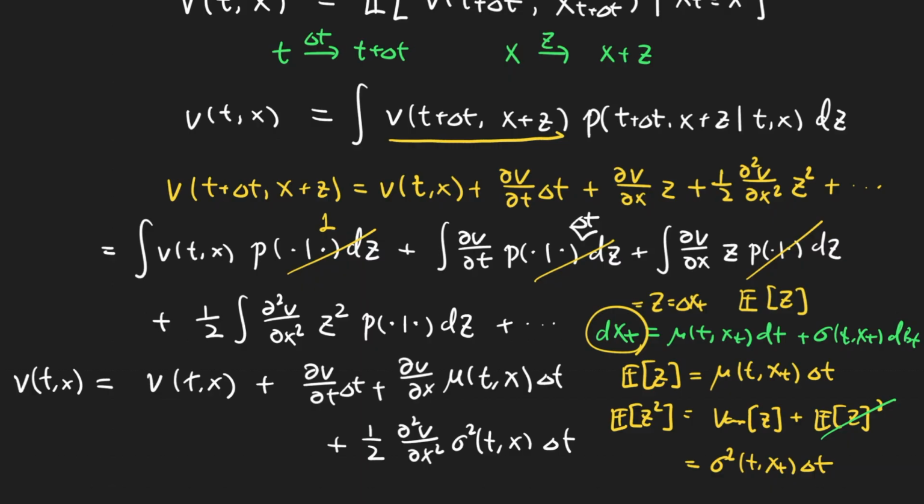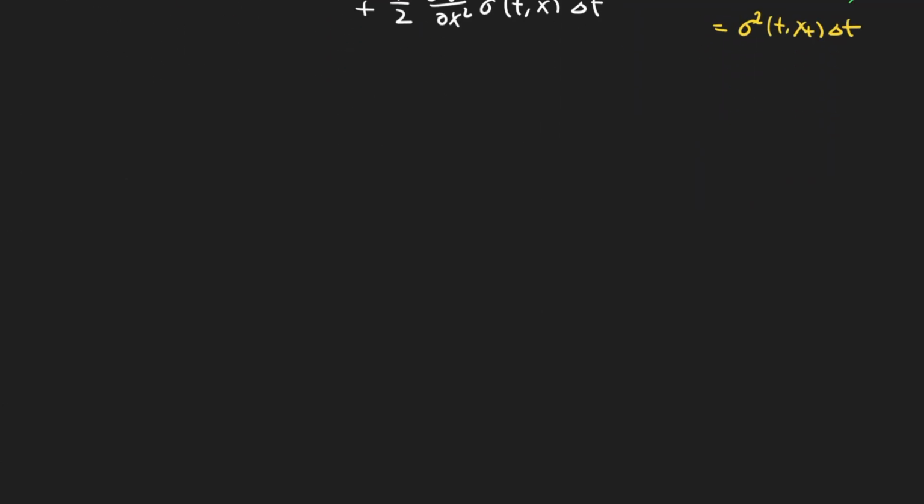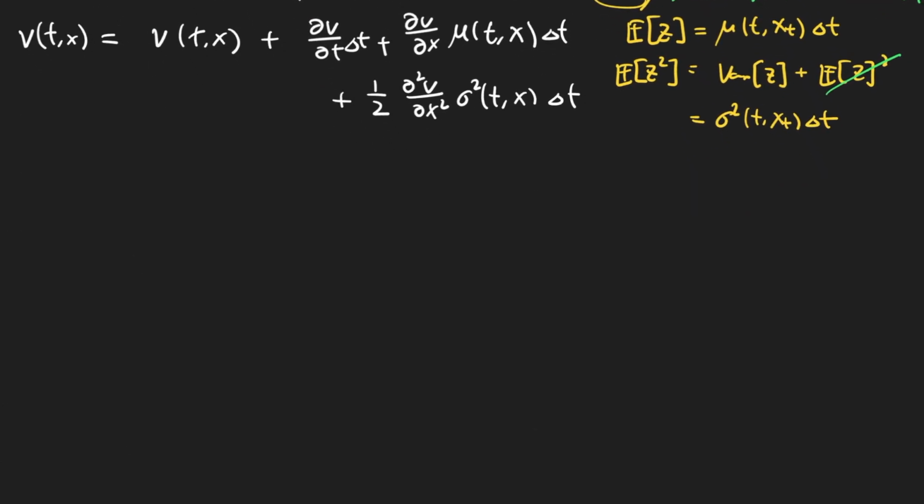So now all we need to do is just to move the term a little bit, and we'll reach the Kolmogorov backward equation, right? So we see that these two can cancel out, and then we can just divide that by delta t.